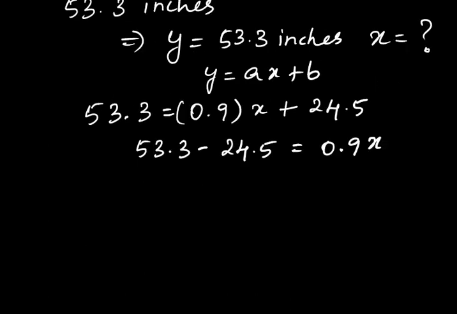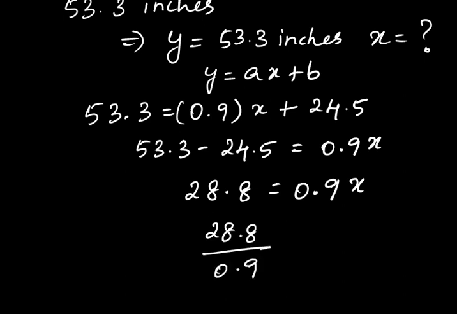When you subtract, you will get 28.8. You need the value of x, so send 0.9 to the other side, 28.8 divided by 0.9 is equal to x.